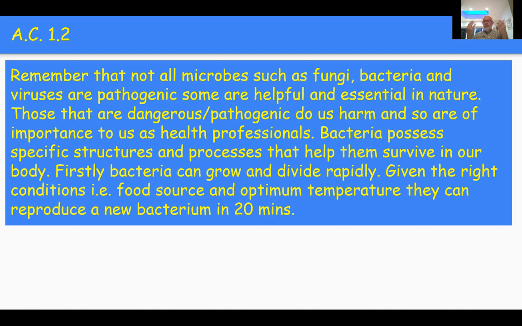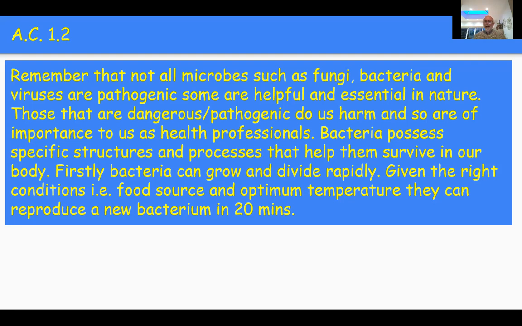Other bacteria, your skin, for example, is absolutely covered in bacteria, but we've evolved to grow used to these bacteria, and a lot of them actually outcompete pathogens because they're quite happy, our skin keeps them at bay, and so sometimes they can be quite useful. But all of these are going to be important to health professionals.